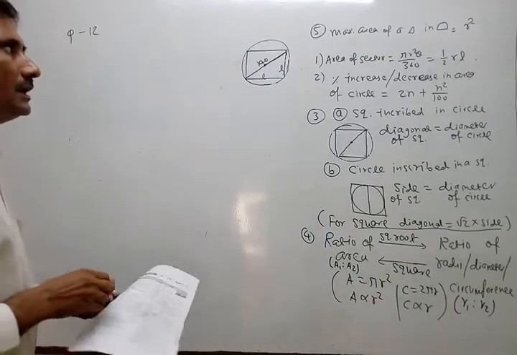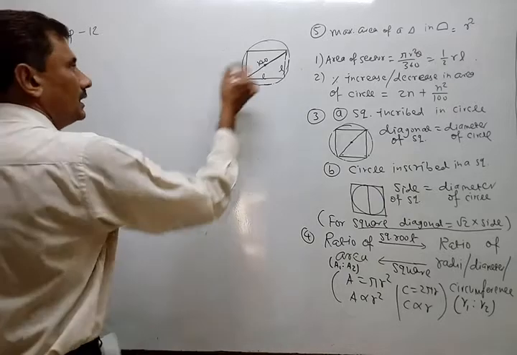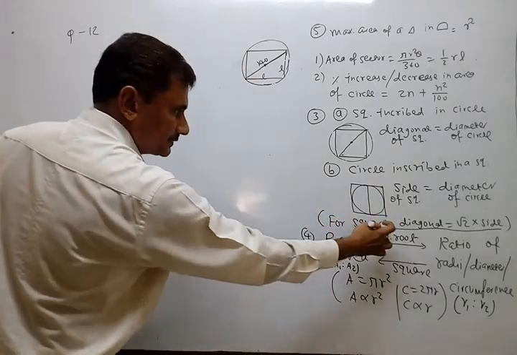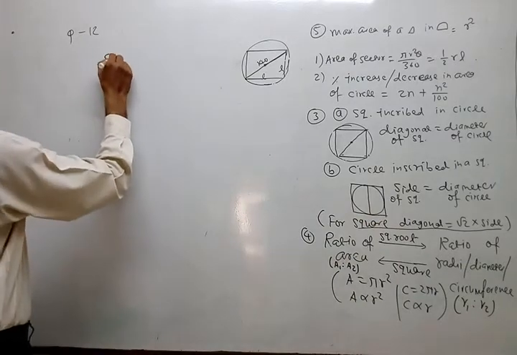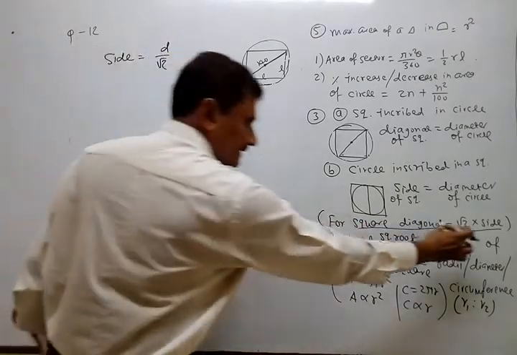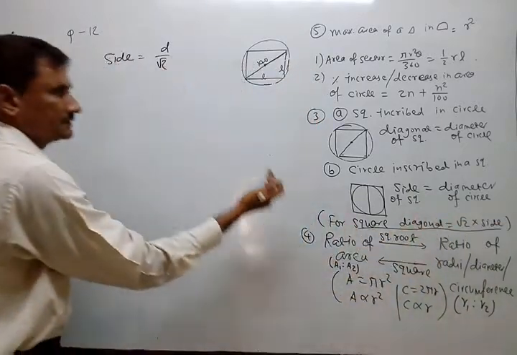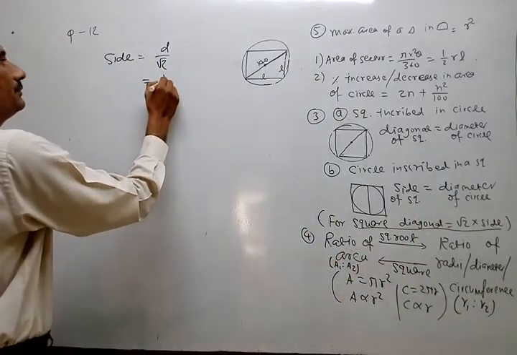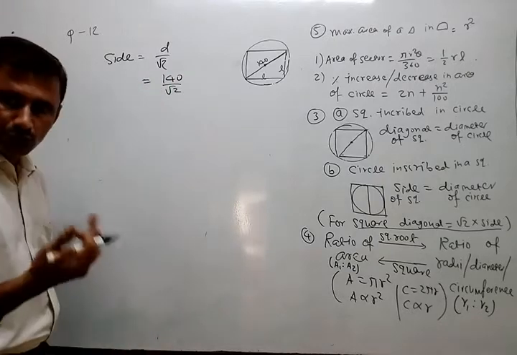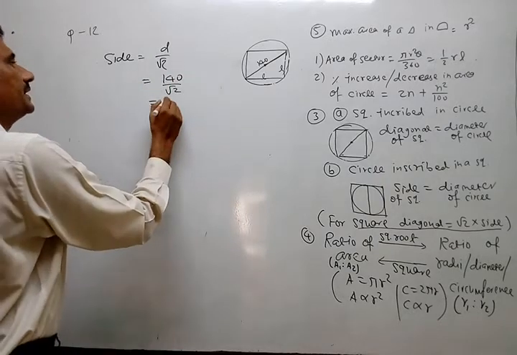Now I want to find the side of the square using this relation. So side is equal to diagonal upon root 2. I just make it the subject here, so root 2 shifted there. So it is 140 upon root 2.